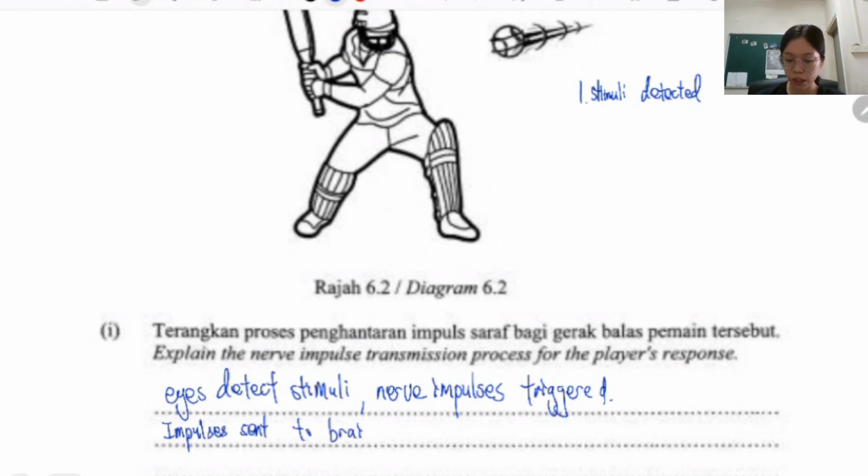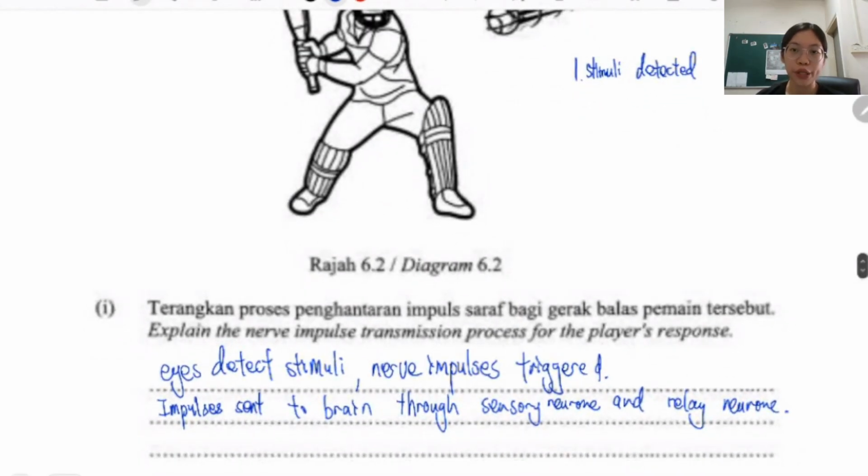By using what neuron, what highway, what pathway? Through your sensory neuron and relay neuron. Okay, then your brain will interpret it.